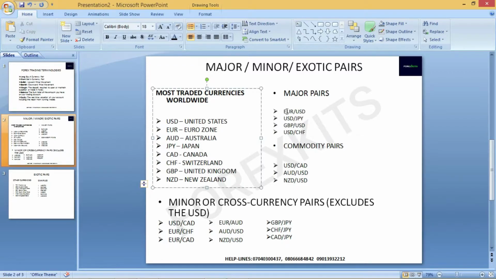An example would be EUR/USD, and once you bring this to foreign exchange, this is the most traded currency pair worldwide. It accounts for over 20% of the trades filled into the foreign exchange market daily. A close follow-up is USD/JPY, then GBP/USD, and then USD/CHF. These are the most traded currency pairs worldwide.